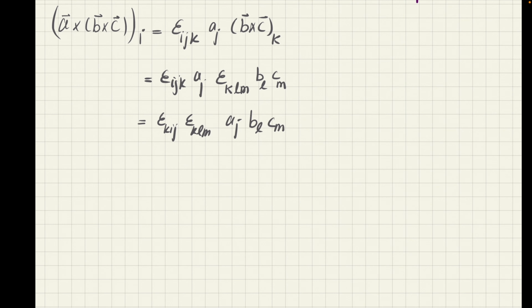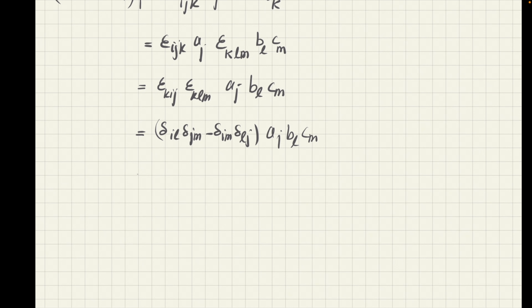But there is a formula for the product of these two epsilons. This becomes delta il delta jm minus delta im delta lj. Delta is the Kronecker delta. It is equal to 1 if these indices are equal, and that is equal to 0 if the indices differ. So then multiplied by aj, bl, cm.